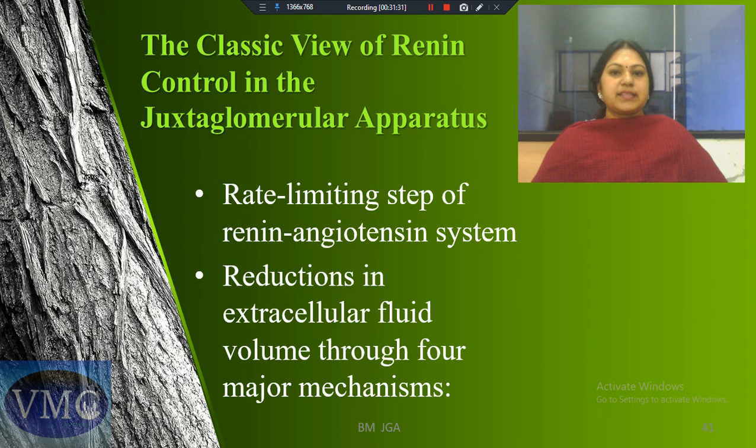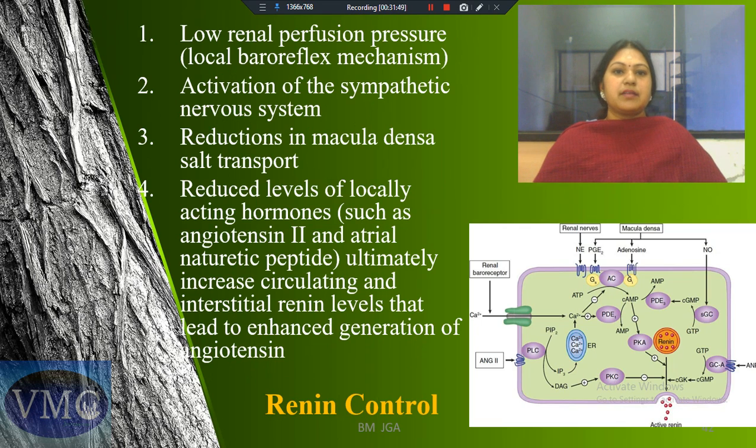So what is the classic view of renin control in the juxtaglomerular apparatus? It is the rate limiting step of the renin angiotensin system, because renin should be formed first. Reductions in the extracellular fluid volume act through 4 major mechanisms. So what are the mechanisms?